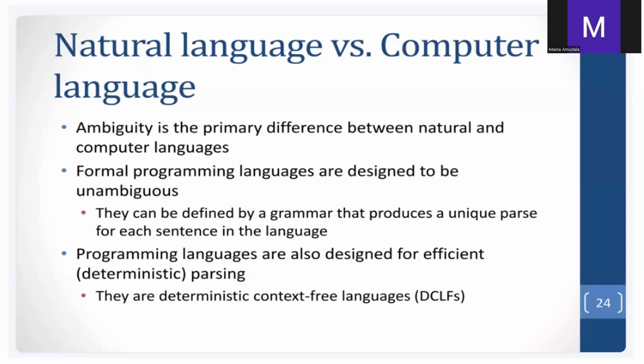Natural language and computer language deal with different types of tasks between the computer and natural language processing. For natural language we can use English, Spanish, Urdu, Malayalam and so on.